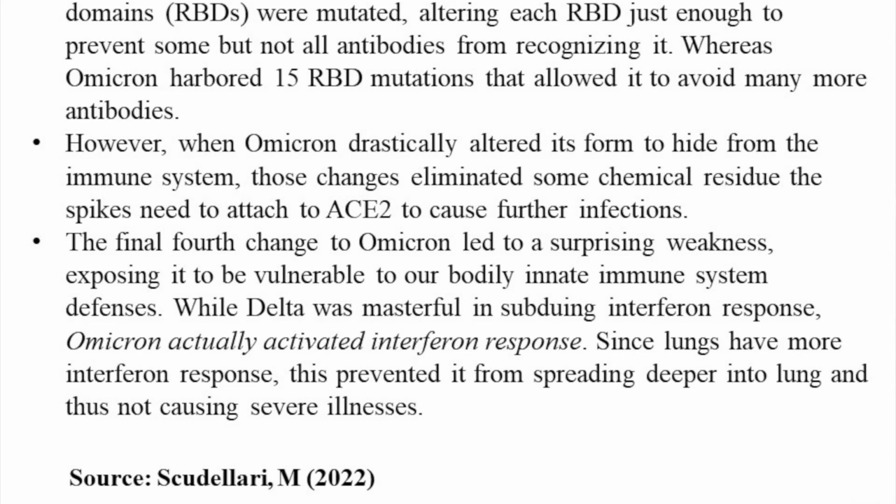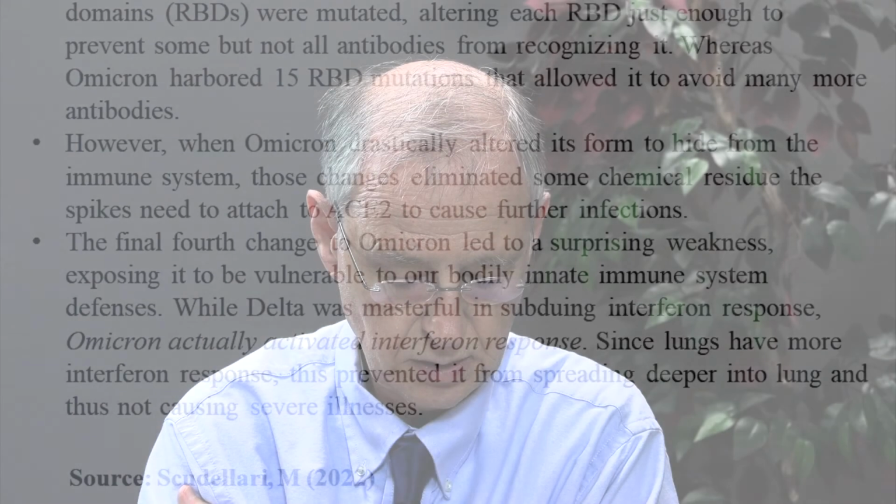While Delta was masterful in subduing the interferon response, Omicron actually activated the interferon response. Since lungs have more interferon response, this prevented it from spreading deeper into the lung and thus not causing severe illness. So these are the biological explanations or potential reasons for why we're not seeing that many serious infections and diseases from it.